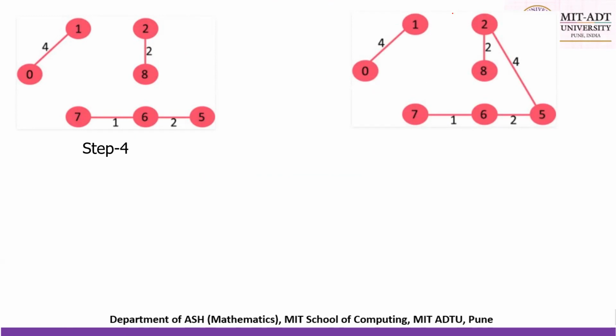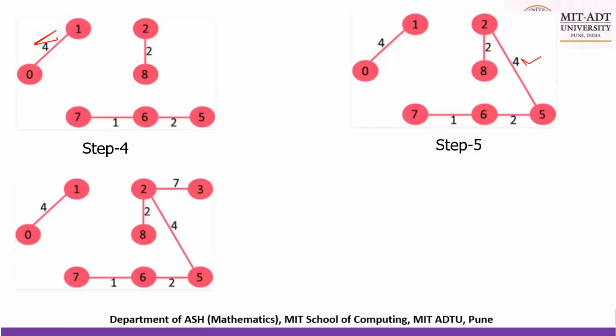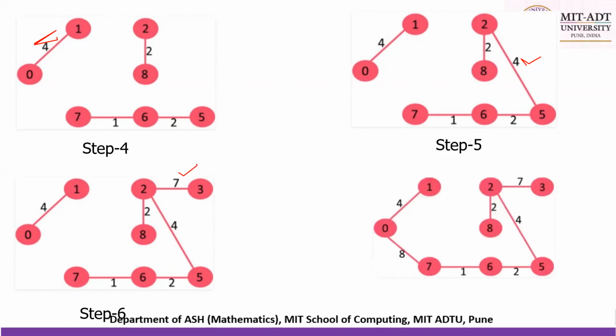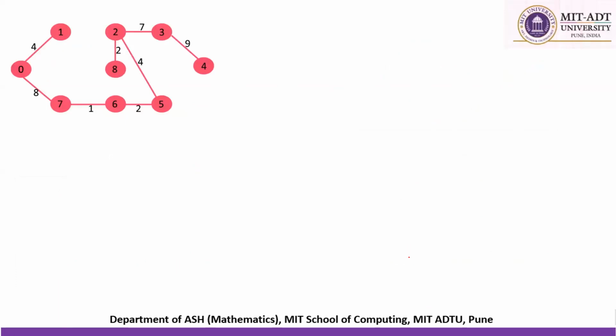This one, here, this one. Then this one. After that, 7 is the minimum one. And then 8 is the next minimum. And finally, 9 is the minimum.